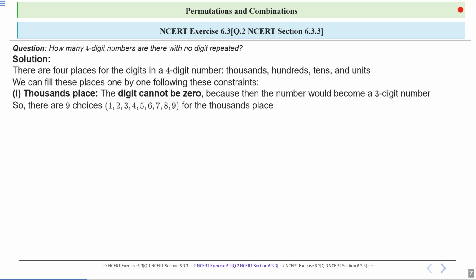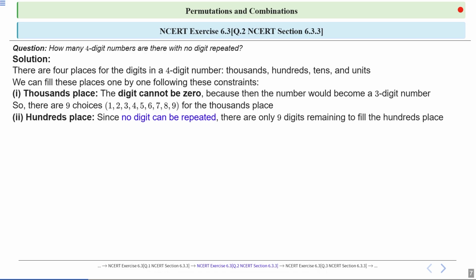So zero cannot be in the thousands place. We have 9 possible choices for the thousands place, 1 to 9. We can take any number between 1 to 9, so we have 9 options for the thousands place.